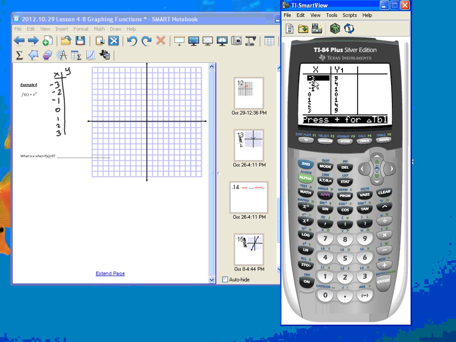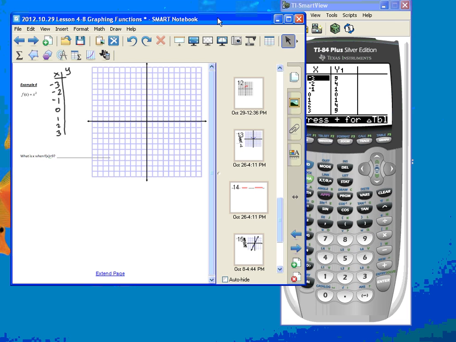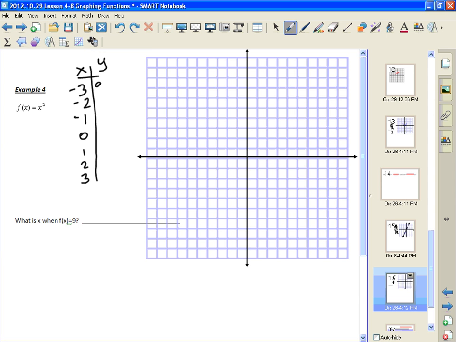So I can see when x is -3, y is 9. So I write that down. And when x is -2, y is 4. When x is -1, y is +1. When x is 0, y is 0. When x is 1, y is 1. And then 4 and 9. So I'm going to plot all those ordered pairs.